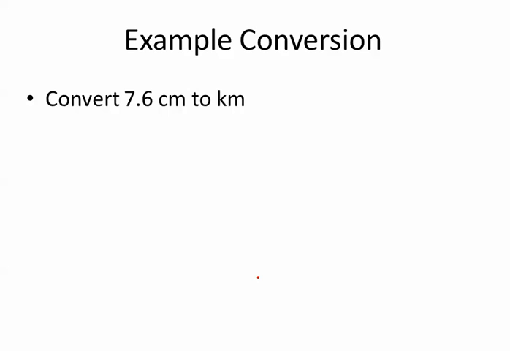And finally, in our last example, we're going from units of centimeters to units of kilometers. Going back to our chart, it's going to show us once more that centimeters is 10 to the power of negative 2 meters in every 1 centimeter. And kilometers is 10 to the power of 3 meters in every 1 kilometer.